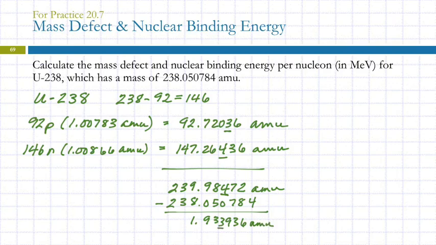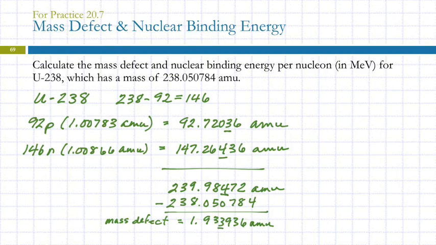That's the mass defect for uranium-238. Any questions? We're dealing with a lot of digits here, but the math itself is actually quite simple. How many particles, how much do they weigh, multiply, add them up, compare that to the actual mass.